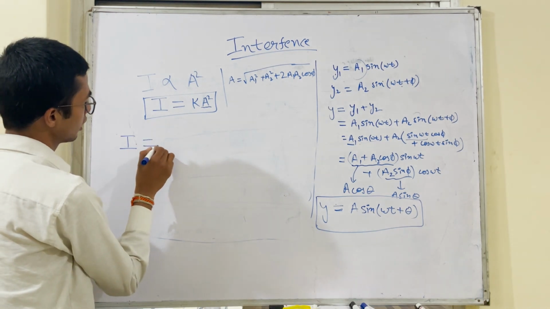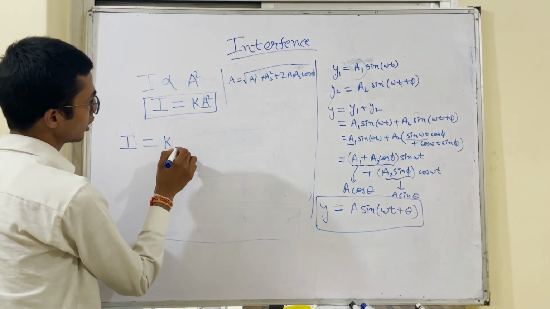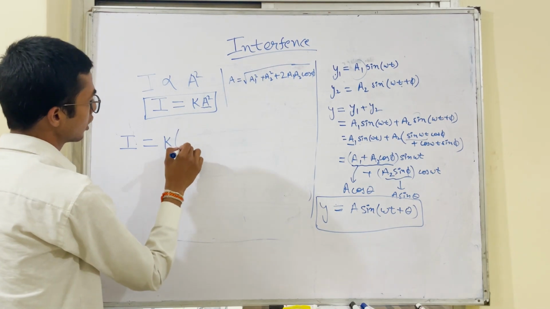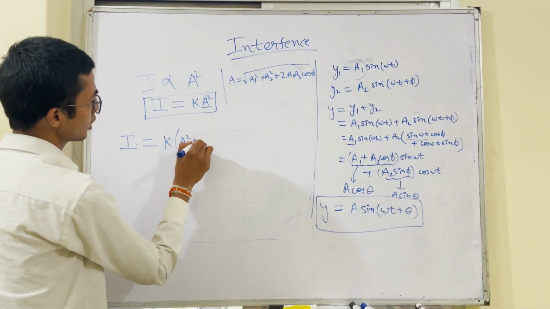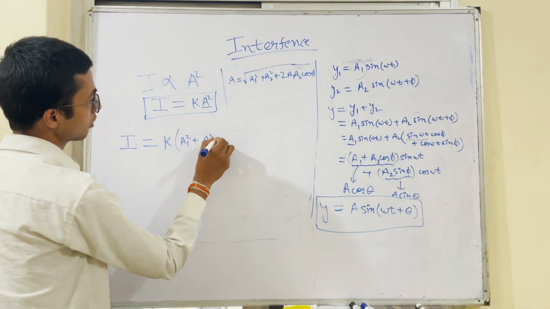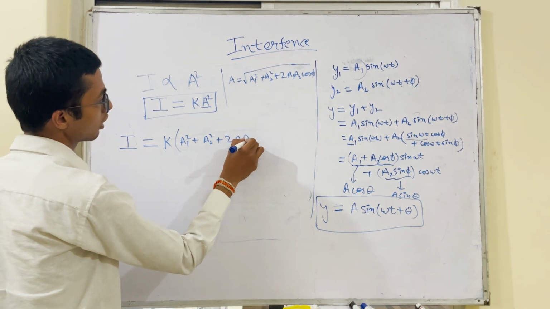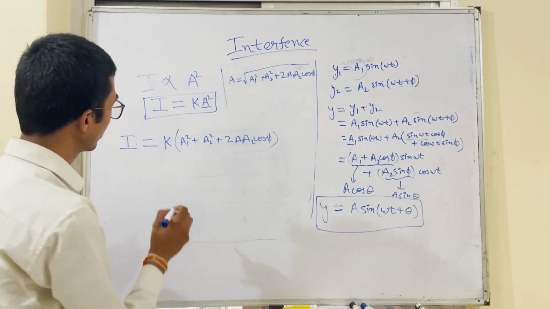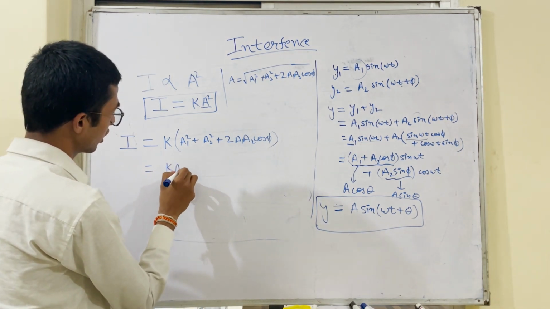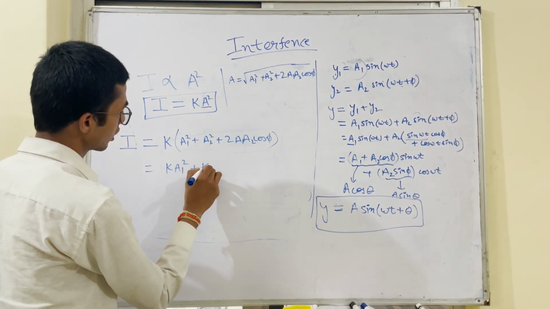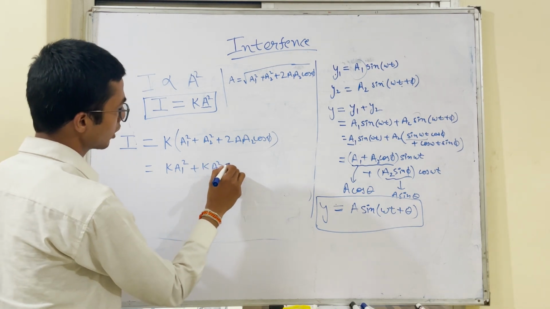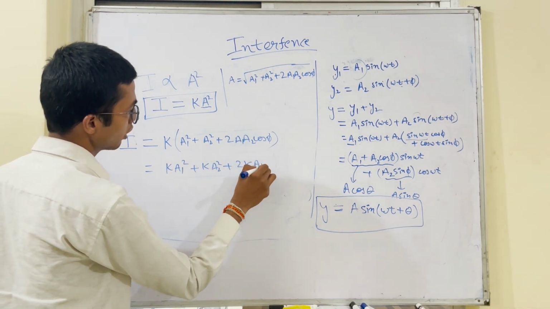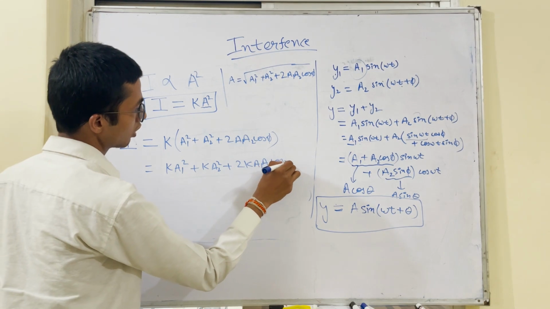So if I want to find the intensity of this wave, I can write I resultant equals k times A square, which will come as k(a1 square plus a2 square plus 2 a1 a2 cos phi). Correct? So this will come as k a1 square plus k a2 square plus 2k a1 a2 cos phi.